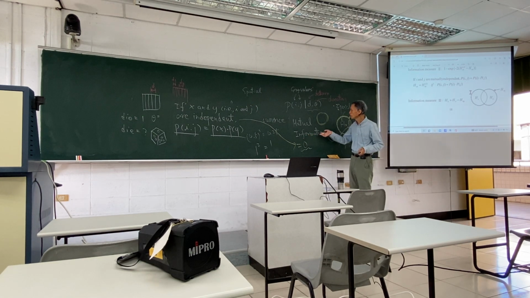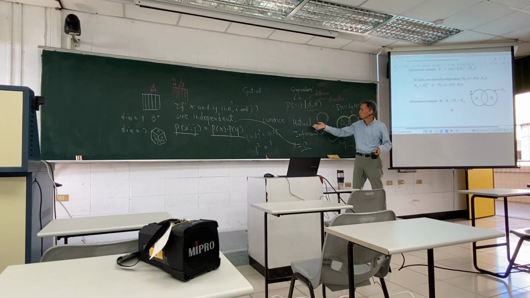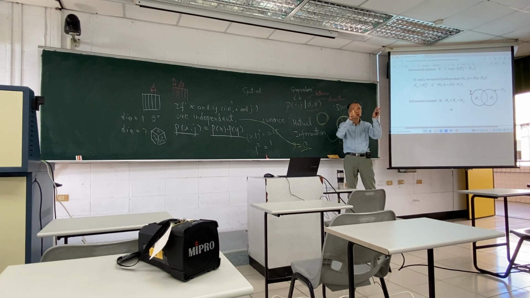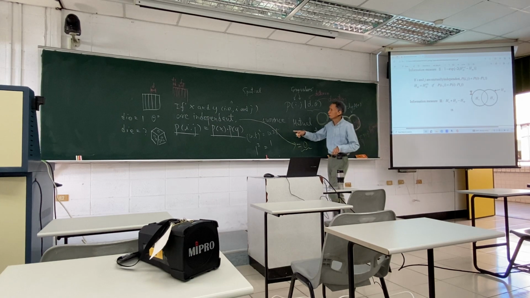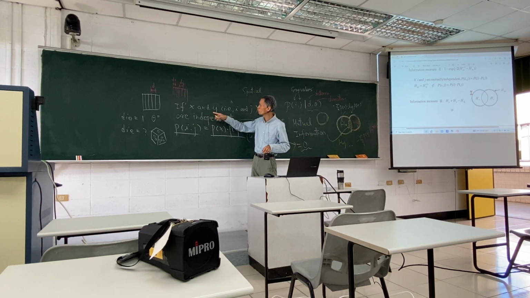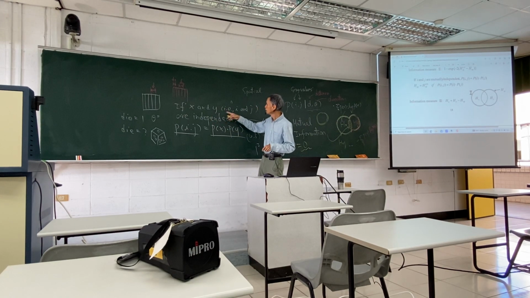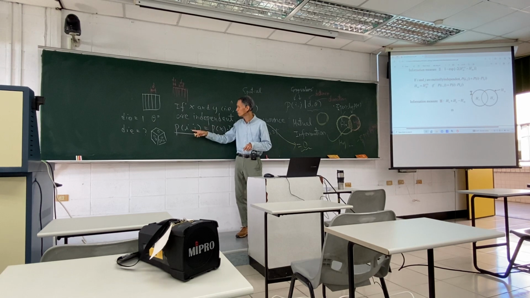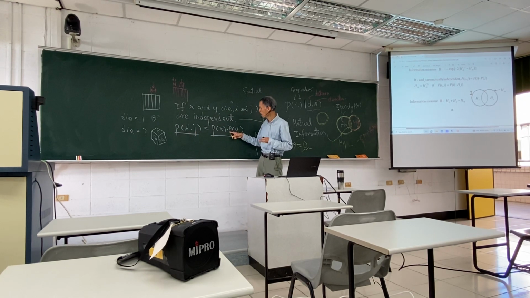This is called mutual, which means common or shared. Okay, so let me say one more time. If two variables x and y, in our case graph value I and its neighbor graph value j, are truly independent, then the joint probability will be the product of the marginal probability.